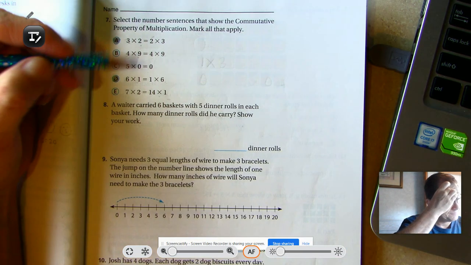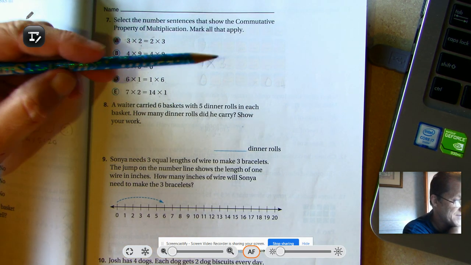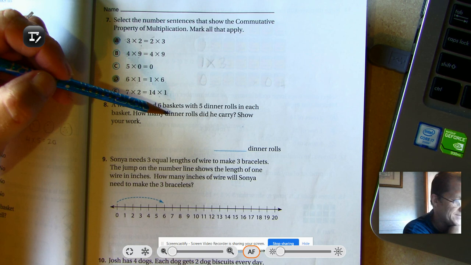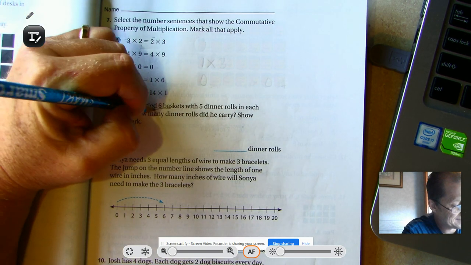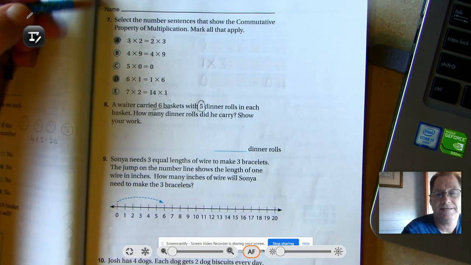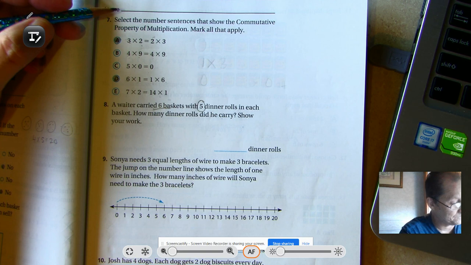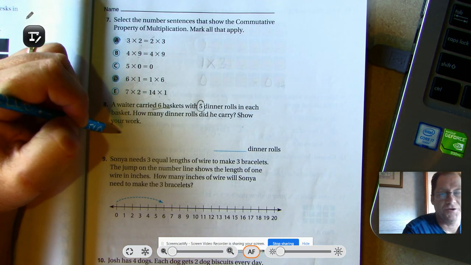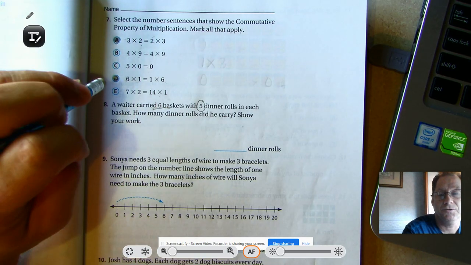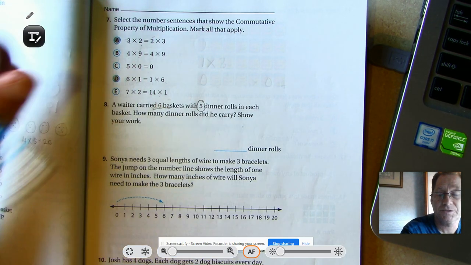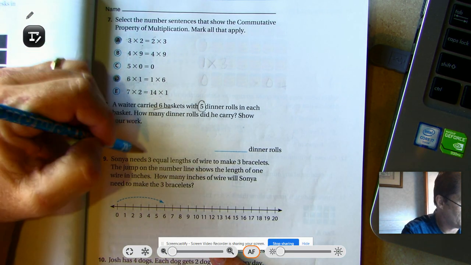Okay, number 8. A waiter carried 6 baskets with 5 dinner rolls in each basket. How many dinner rolls did he carry? Show your work. All right, so we have 6 baskets, 5 dinner rolls in each basket. We could use an array, we could use a bar model, we could use equal groups, we could use a number line, whichever ones you want to use.